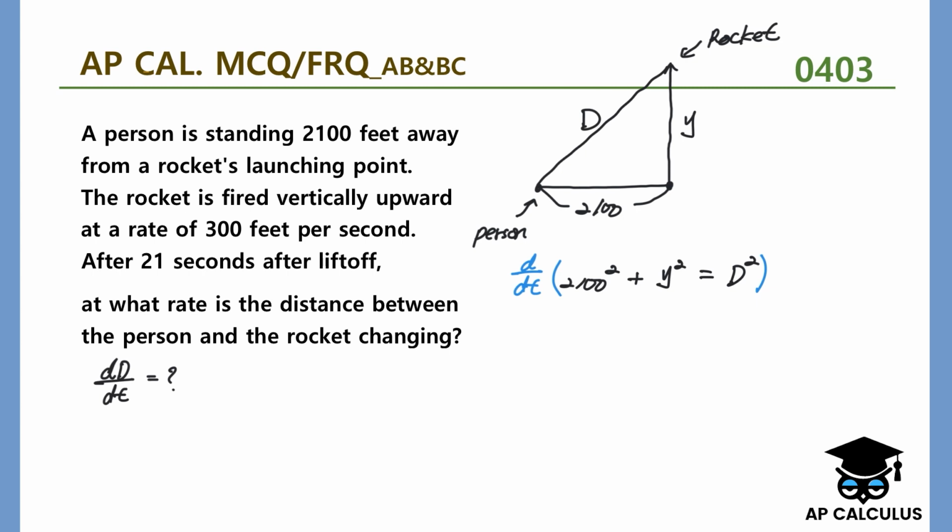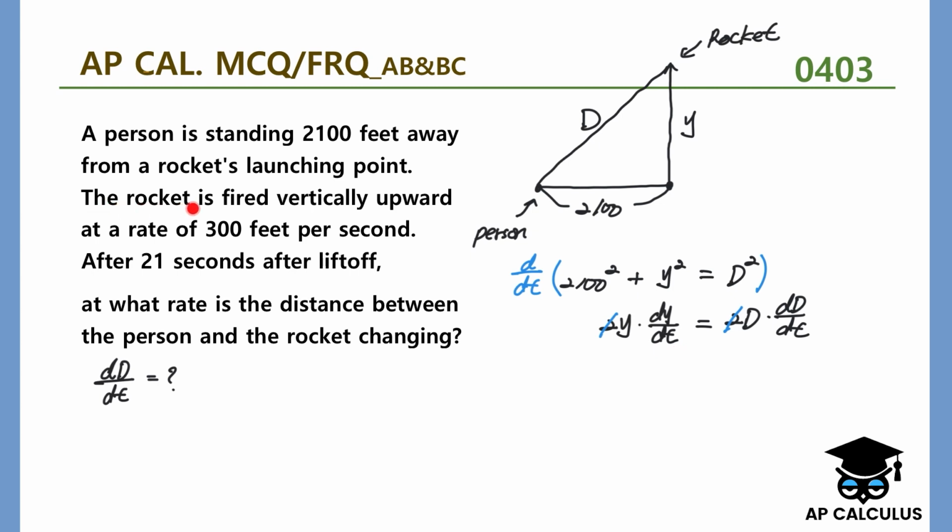Derivative of a constant is always equal to 0, so I'm not going to write it. Derivative of y squared, power rule first, 2y times derivative of y itself with respect to time t. So 2y dy over dt is equal to 2d dd over dt, power rule with the chain rule. So cancel this out.